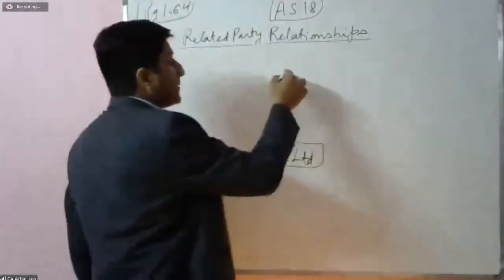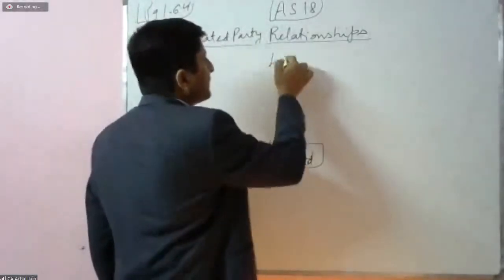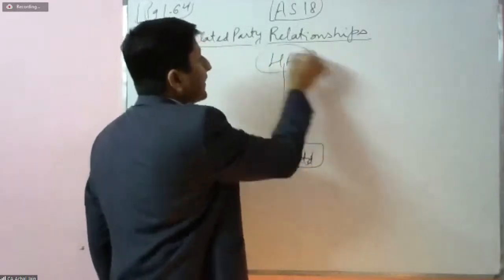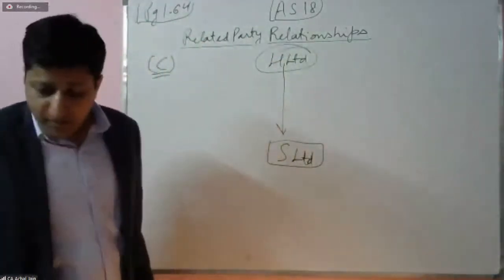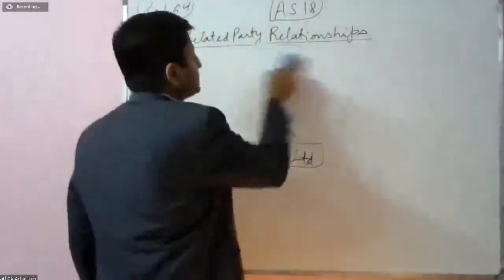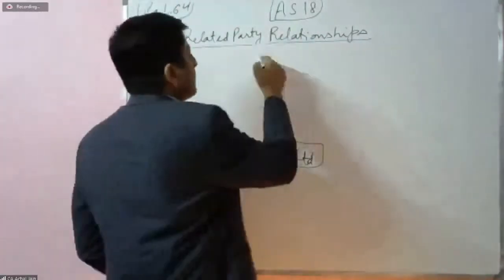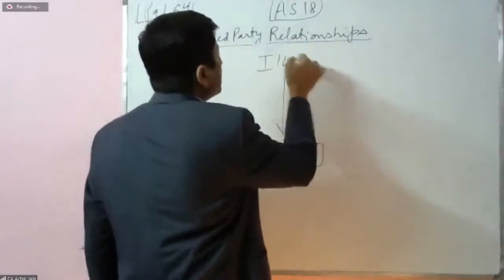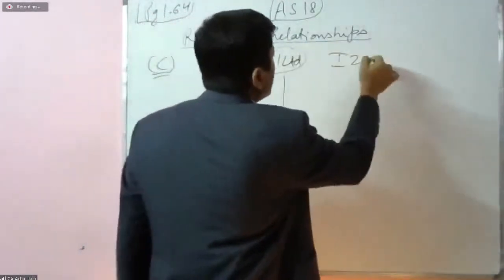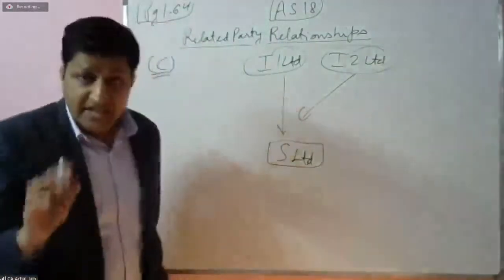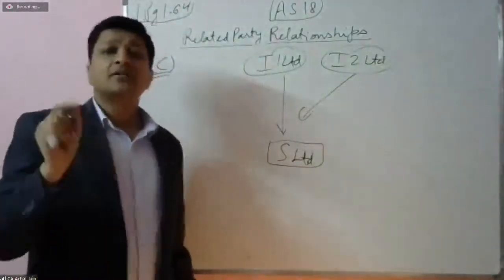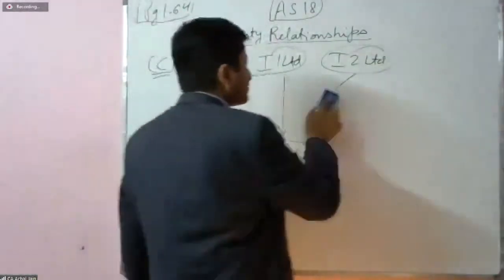So, in point number A, what did we find? That H Limited was the related party. Correct? In point number B, we found I1 Limited and I2 Limited are the related parties of S, because we were checking the related parties of S, correct?